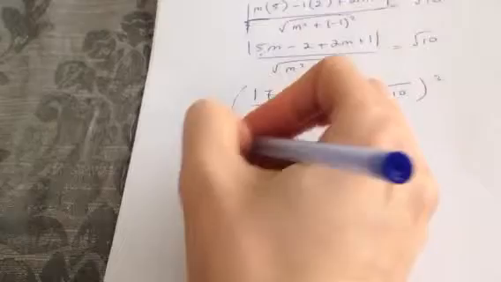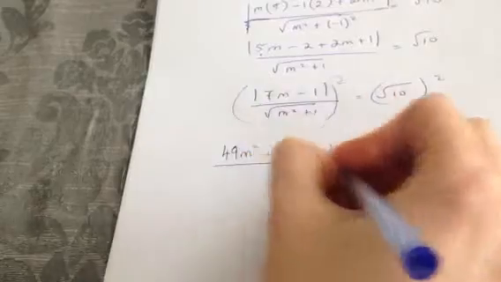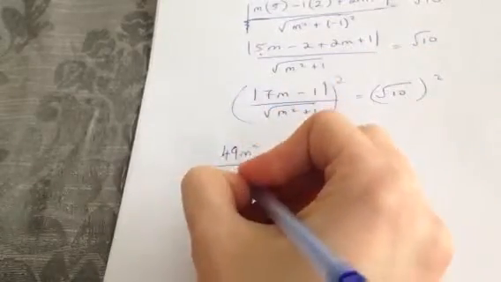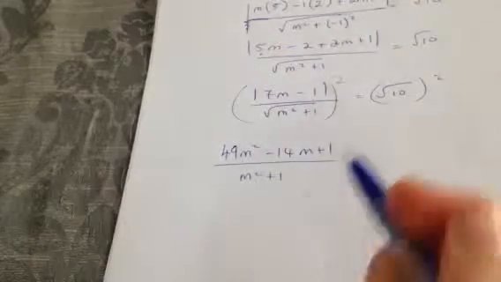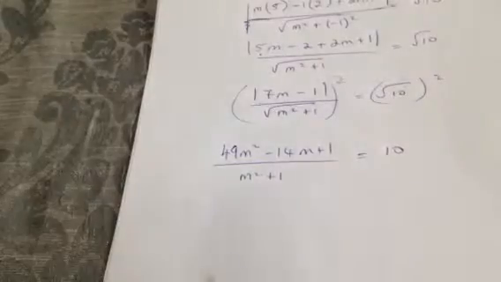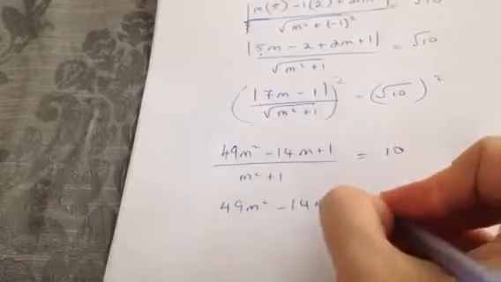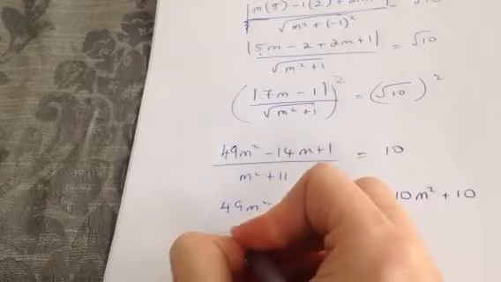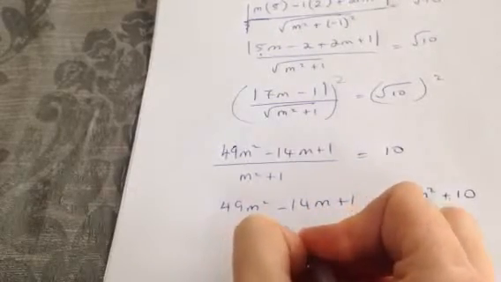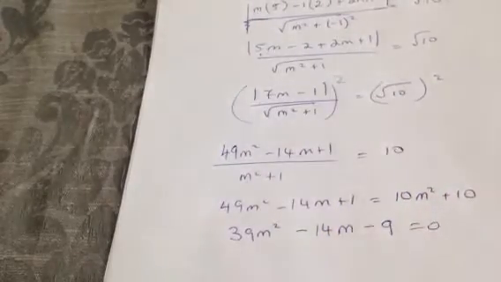And then if I square both sides, on the top I end up with 49m squared minus 14m plus 1, and on the bottom I end up with m squared plus 1, is equal to 10. So that's 49m squared minus 14m plus 1 is equal to 10m squared plus 10. And so I end up with 39m squared minus 14m minus 9 equals 0 when I clean that up.